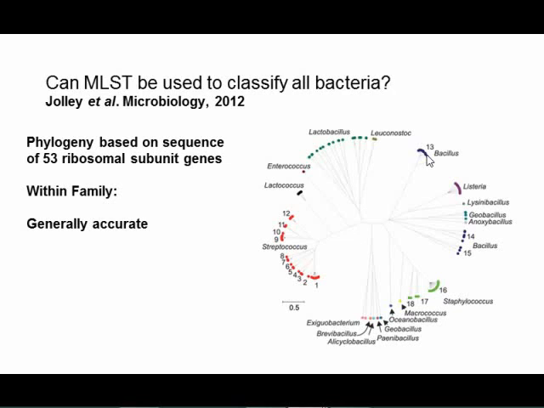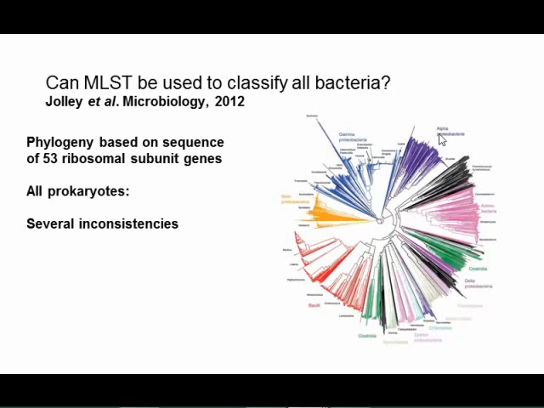So generally it's working, but there are some inconsistencies with what microbiologists would consider to be a correct classification of, I guess these are the Bacillales, or class Bacilli of the phylum Firmicutes. Okay, so keep that in mind. Generally it works, but there are some inconsistencies. And we'll talk about why that might be later on.